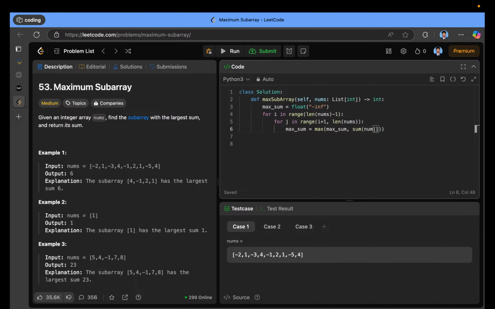Now I am using three loops. One is the first loop, second loop, and this one is the third loop. O(n cubed). Wow. So max. Okay, this should be an answer.